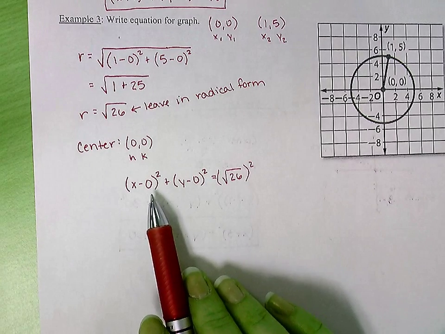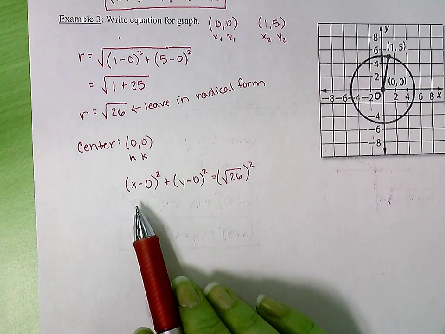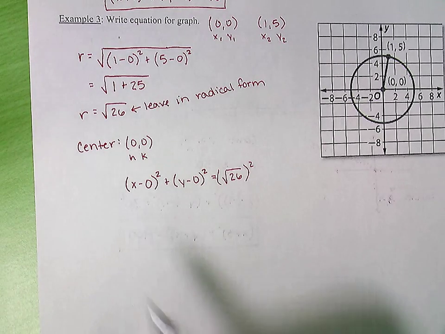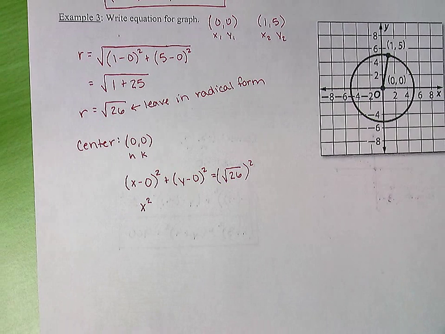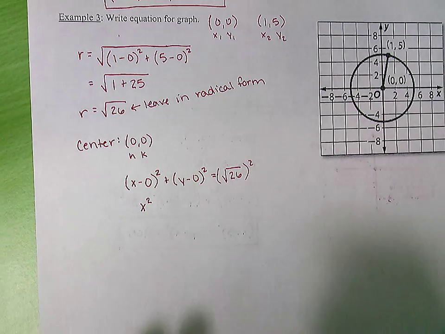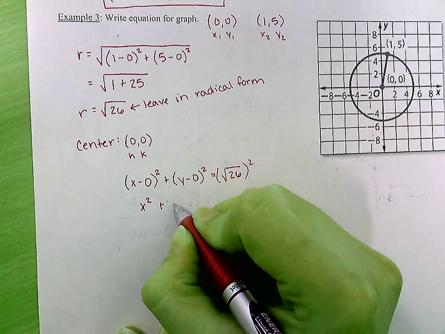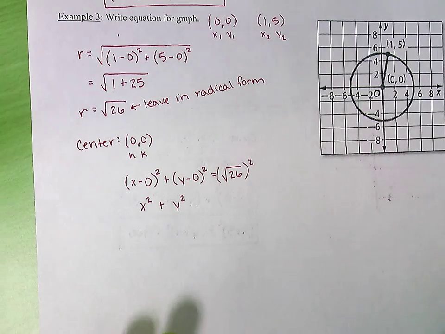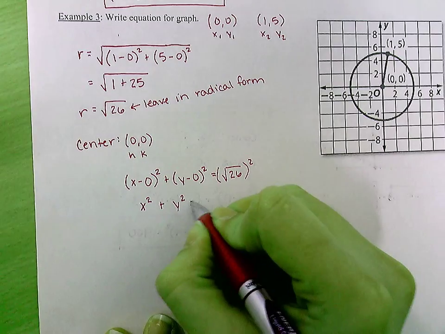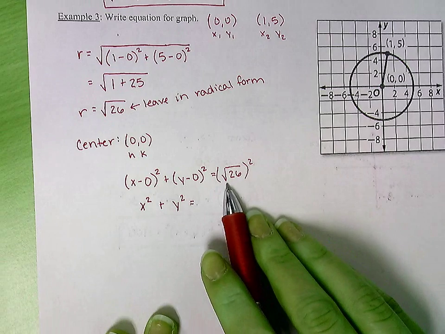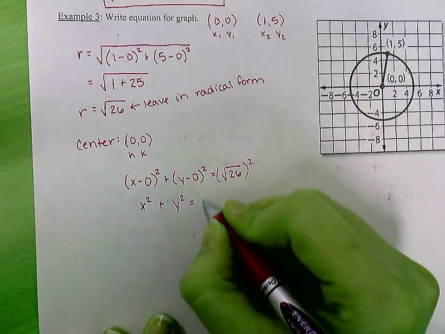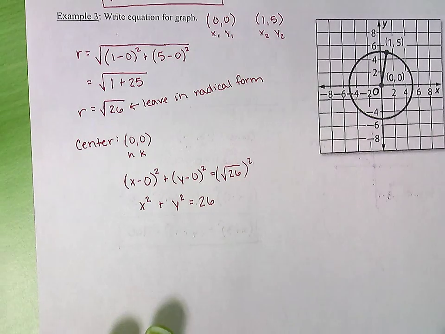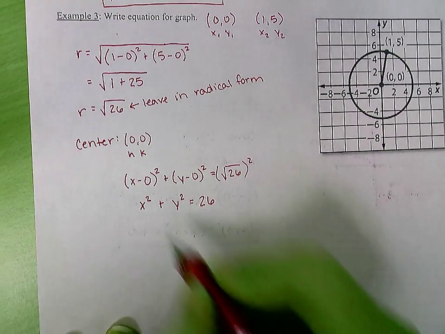Now, if I have a 0 here, I can just rewrite this as x squared. You have a center point at the origin, so we could write this as x squared plus y squared. Again, my square root and my square here cancel, so this will be equal to 26.